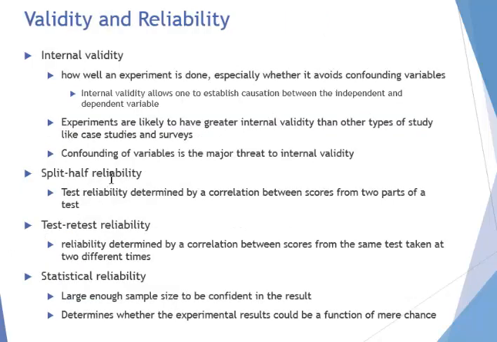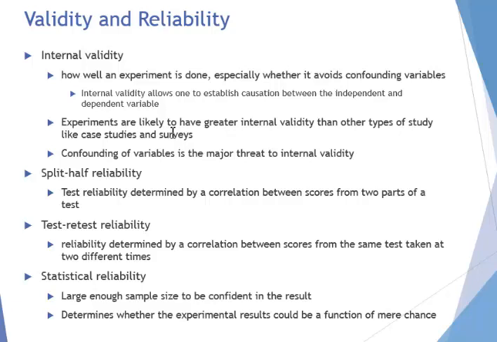Other types of validity, well, the first type is something that we already discussed. Internal validity, again, is how well the experiment is done, especially whether it avoids confounding variables by controlling for them, by establishing good control groups that are similar enough to make sure that other variables don't affect the experiment. Experiments are likely to have greater internal validity than other types of study, like case studies and surveys, again, because they have good controls.